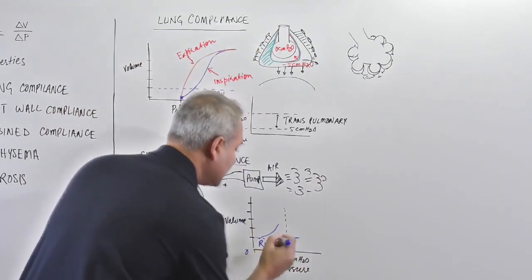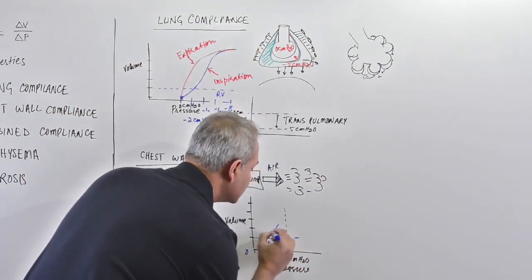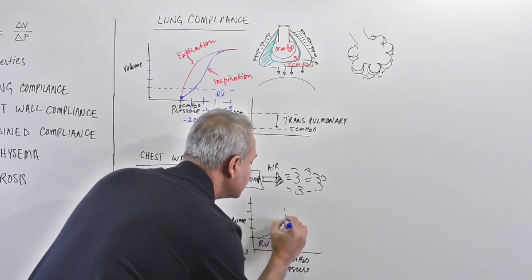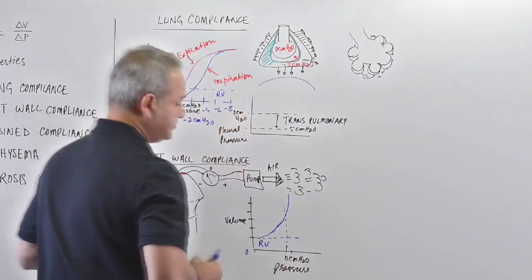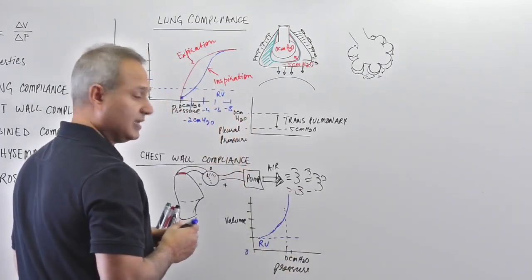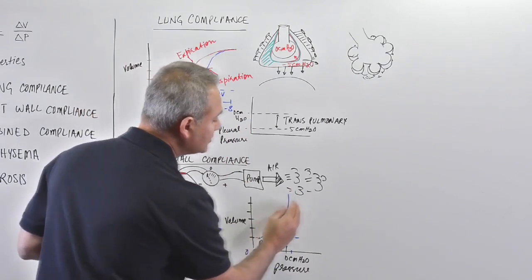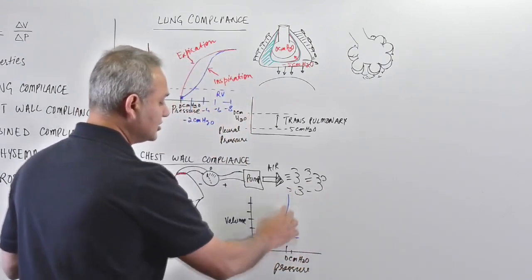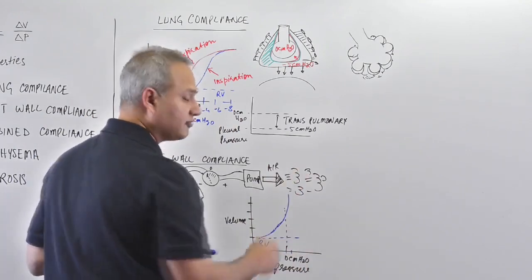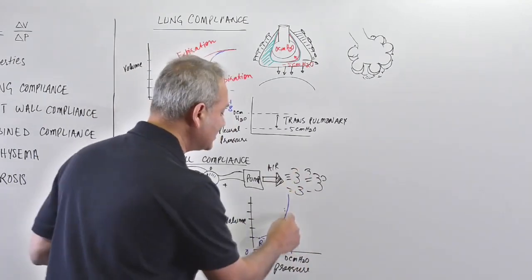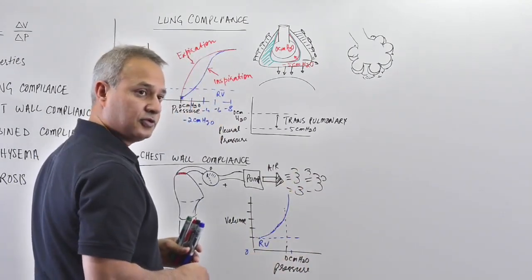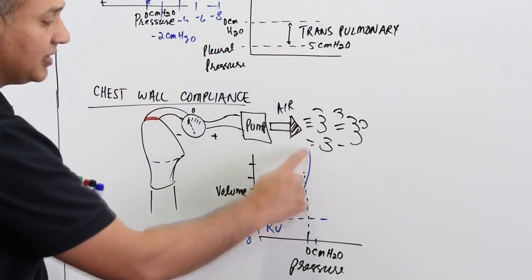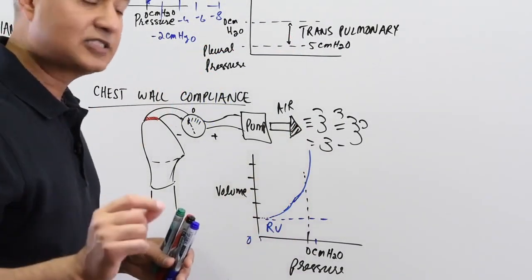So if you make the pressure changes, it would go up and up like this. This is its limit. It cannot expand any further. It cannot increase the volume any further. Now you can exert whatever pressure you want. It has reached its maximum. So this is the graph for a chest wall.